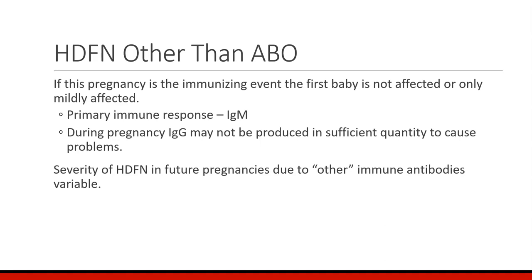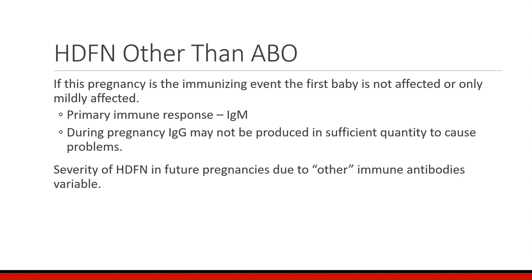So if this is the immunizing pregnancy, it takes weeks or months for this little machine to get going, producing the right kind of antibodies with the affinity and avidity, and then we get transitioned over to IgG, and we kind of start over, meaning we're building these antibodies, and they have to fine-tune to where they have the affinity and the avidity to stick on and stay stuck on to where this is recognized as foreign and destroyed. So during the pregnancy, IgG may not be produced in sufficient quantity to cause problems.